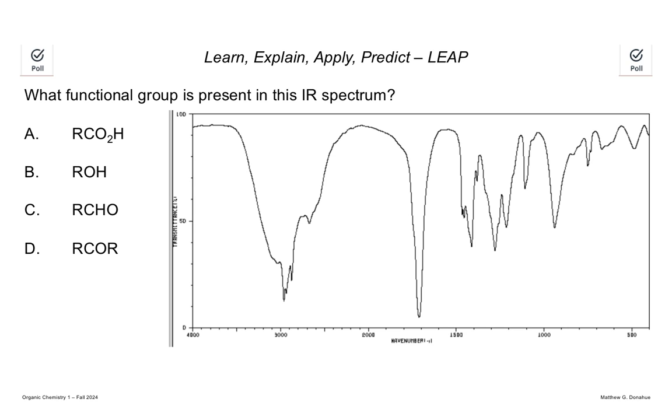So this is a typical question. Here's a piece of IR data, and what functional group is present? When I start reading this from left to right, I see this really broad signal here.